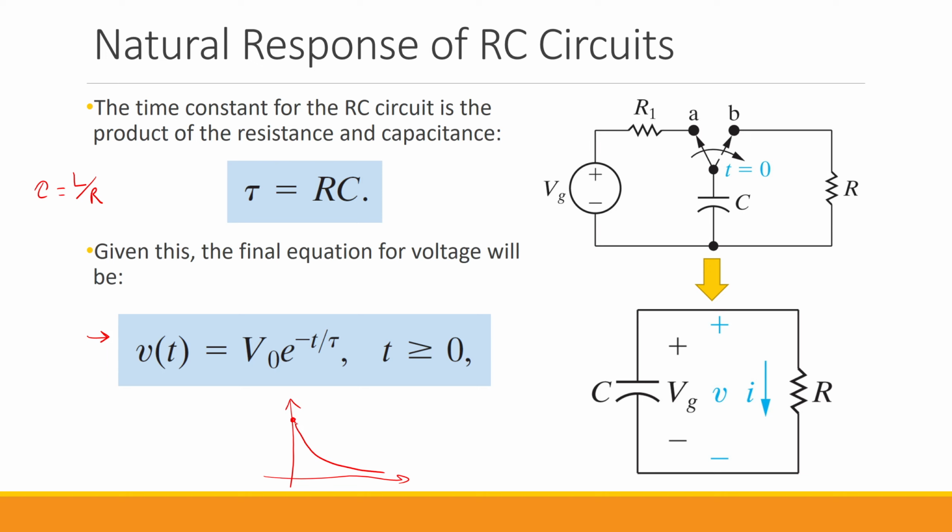And let's say if you have two exponentially decreasing functions with two different values of tau, the one with the largest tau or time constant takes longer to get to zero in comparison to the one with the smallest time constant.